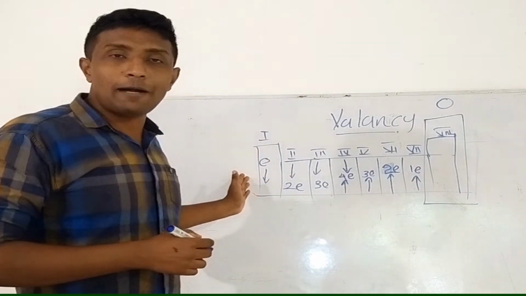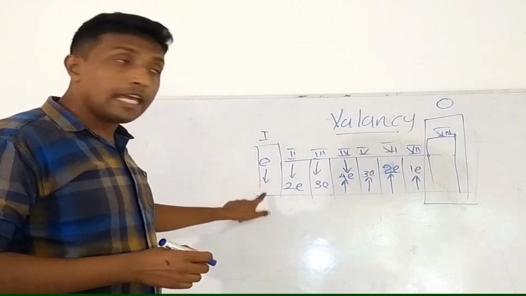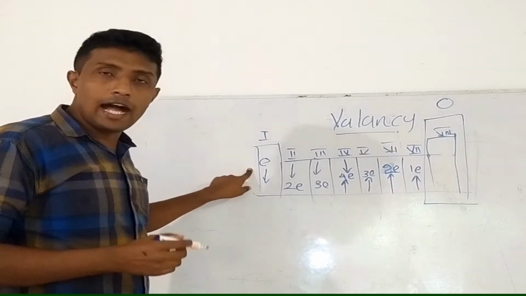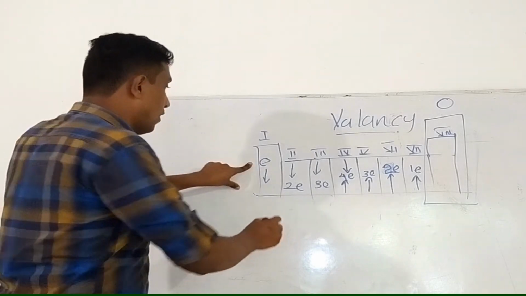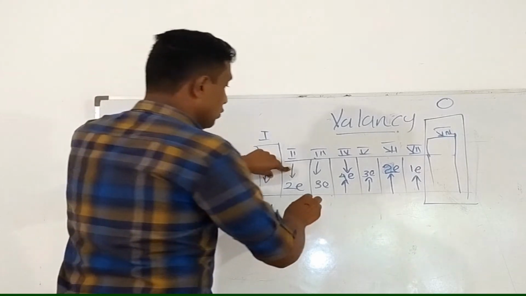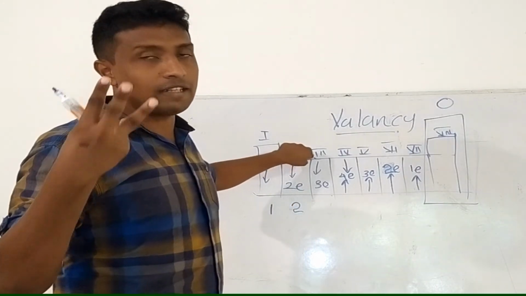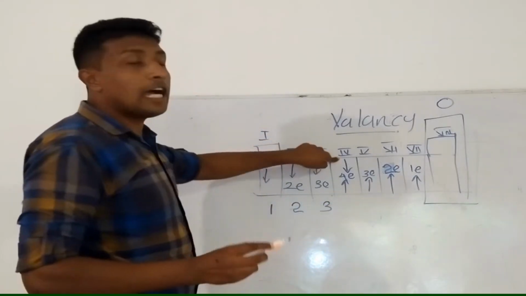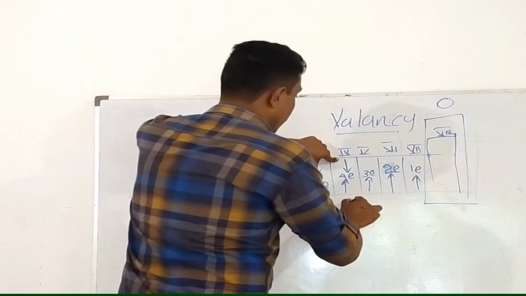So when we come to the first group, they give 1. What is their valency? If they are giving 1 electron out, their valency is 1. If they are giving 2 electrons, their valency is 2. If they are giving 3 electrons, their valency is 3. If they are giving 4 electrons, their valency is 4.